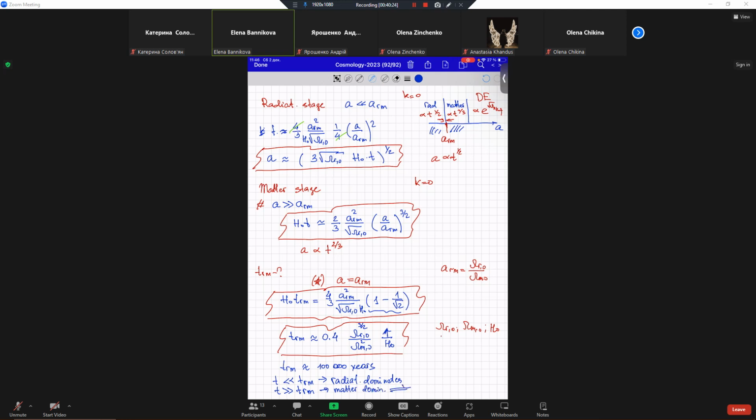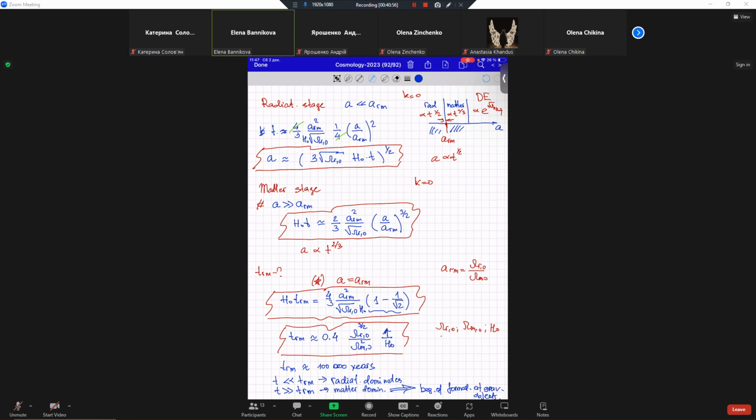And we can tell that starting from this time, we can speak about the beginning of formation of structures in the universe. This is the beginning of formation of gravitating objects.